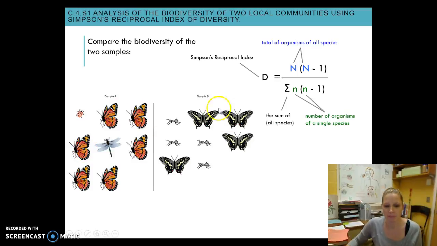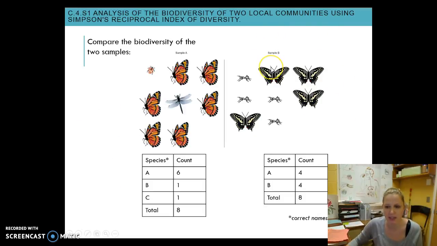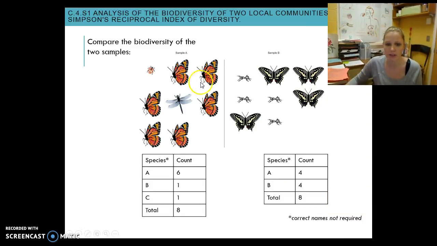Here we have sample A, here we have sample B. We're going to use this kind of convoluted statement here, but it's really not that hard. So the first thing I need to do is get rid of this. Okay, I need to count the amount of species that I have. I don't need to label which species. I can use letters, I can use numbers.